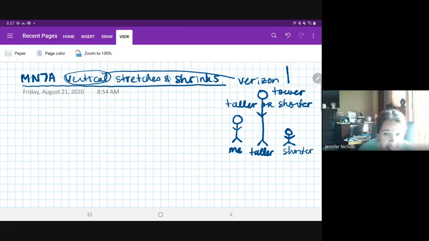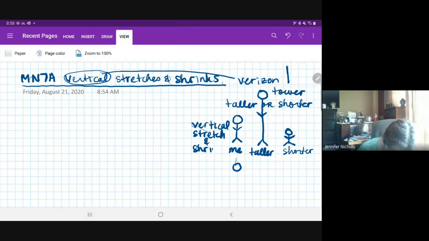But really, I didn't get skinnier. I just got taller. Okay, so these are vertical stretches and shrinks. And then I'll show you how this applies to math.